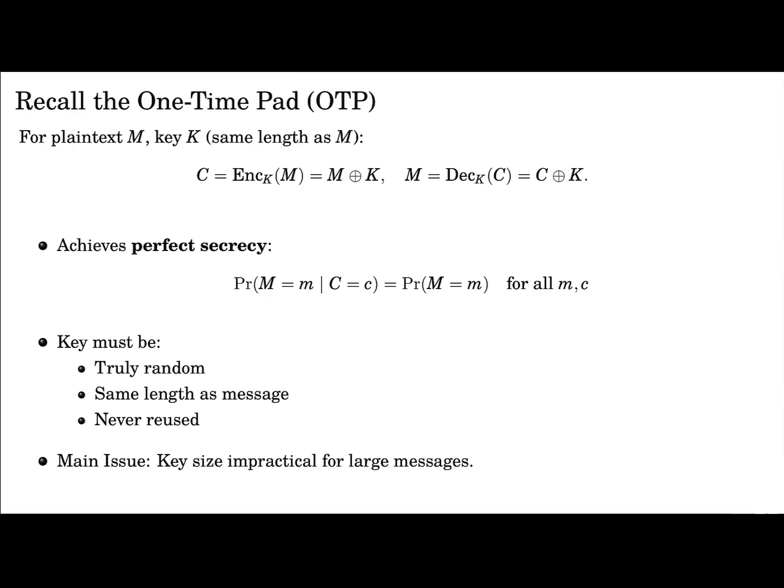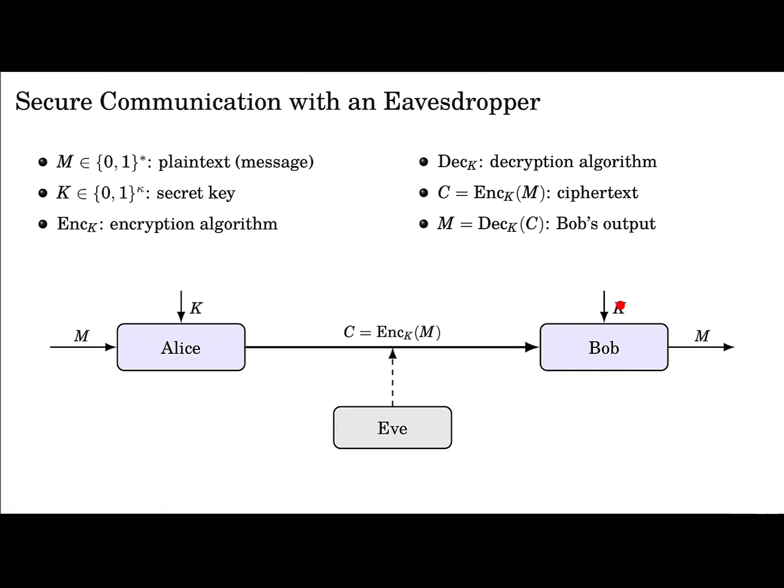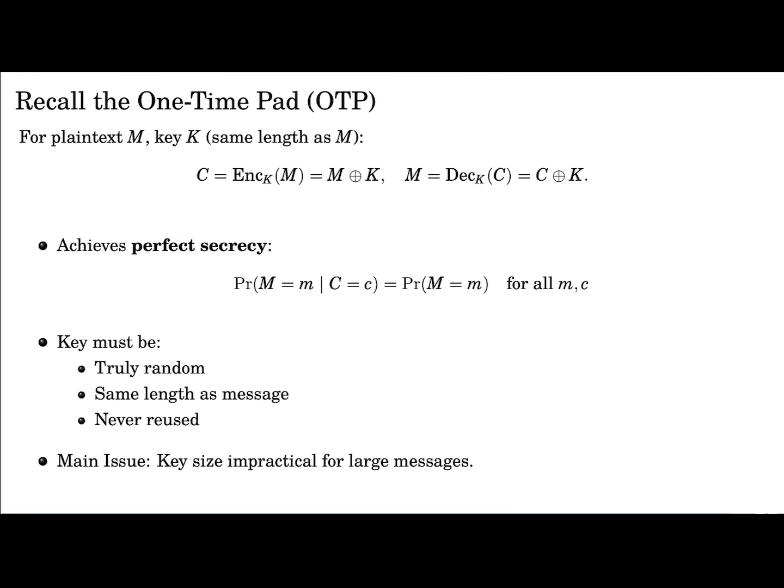Because, of course, once the keys are known, you can do this scheme, but how does Bob get this key, right? And there are settings where they could meet ahead of time and so on, but we're going to see also the interesting problem of actually transmitting the key through the channel, right?